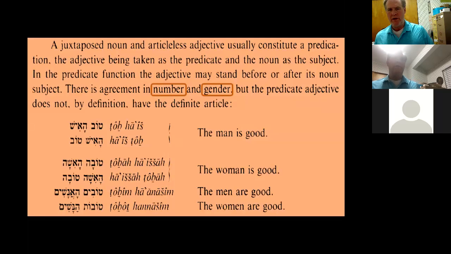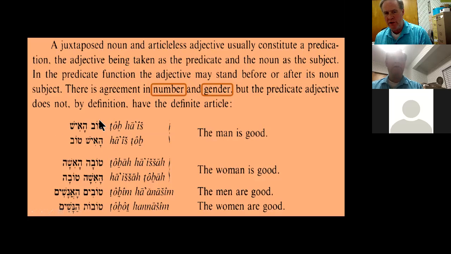All right, and so nouns, this is the predication. It agrees in number and gender, but not the definite article. You don't put the in front. So in this case, tov ha'ish, tov is good, the man.